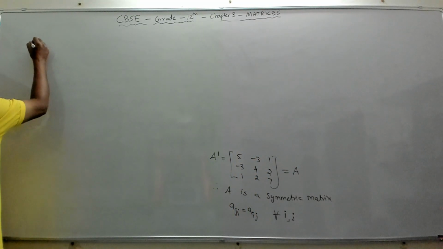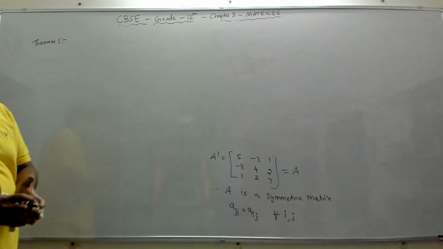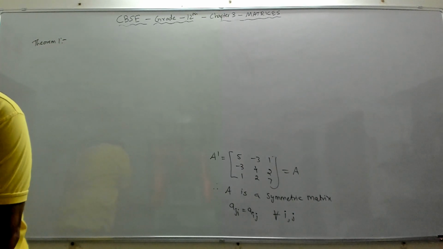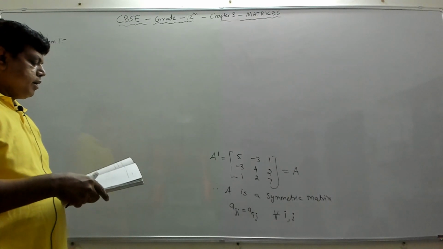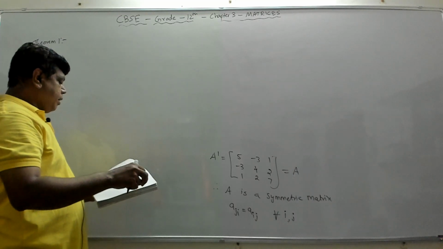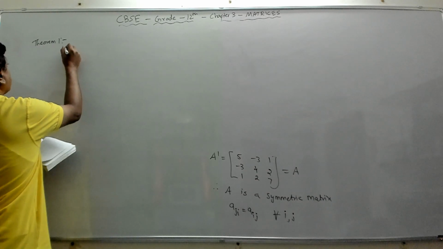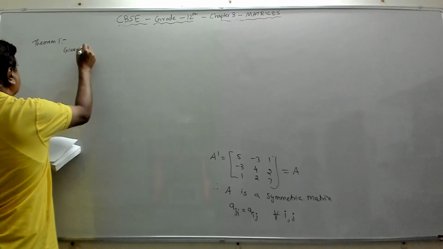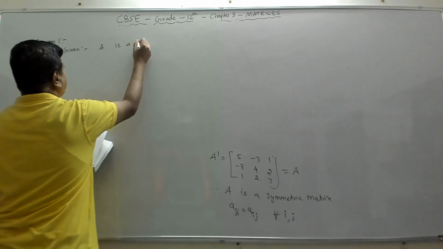Now theorem 1, which is on page number 86, says: for any square matrix A with real entries, A plus A transpose is symmetric and A minus A transpose is a skew symmetric matrix. We have to prove that. What is given in the theorem is that A is a square matrix.